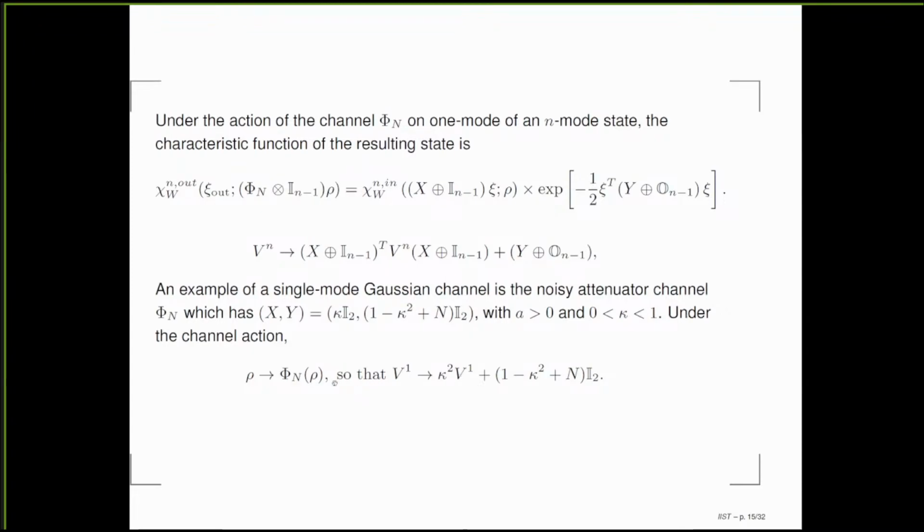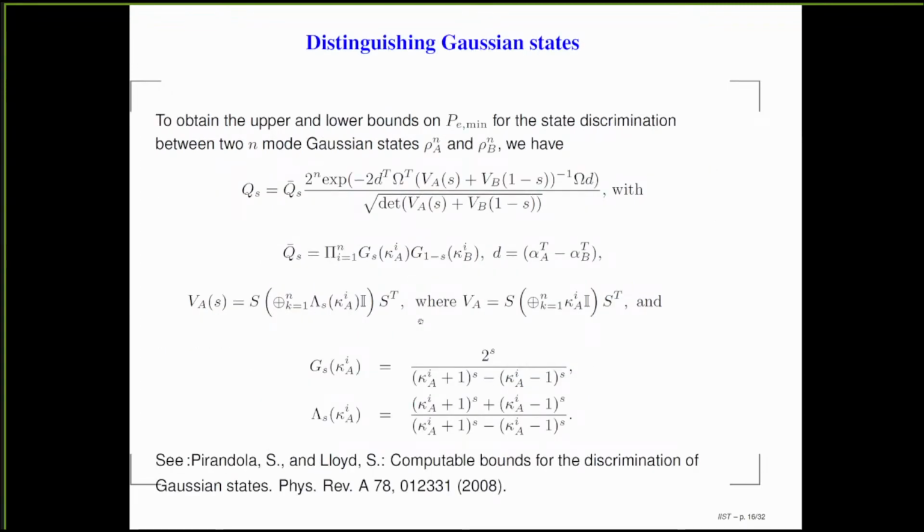This channel, by and large, models the propagation of light through the atmosphere, and quantum noise can be effectively modeled through this particular Gaussian channel, the noisy attenuator channel. There are several other channels which I am not going into. This particular one is important because it is practically relevant. Most practical physical processes are modeled as this Gaussian channel. Okay.